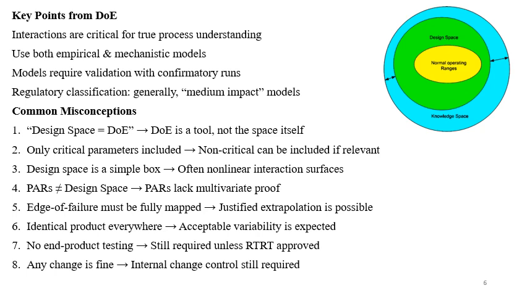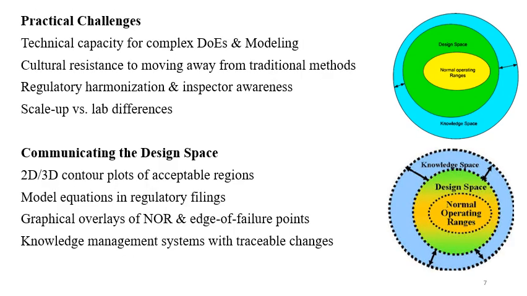It is not like that you will not do any end product testing. Still, end product testing is required unless RTRT is approved. Any change is fine. It is not like that any change can be done. Internal change control still required for changing the normal operating ranges and also changing within the design space.